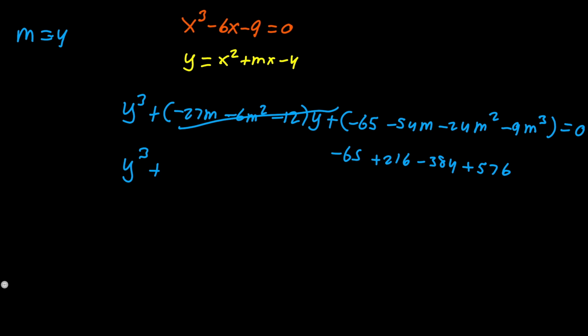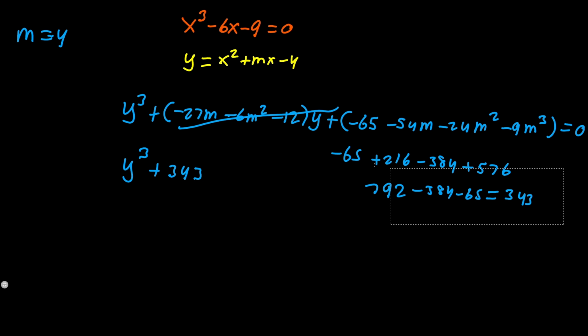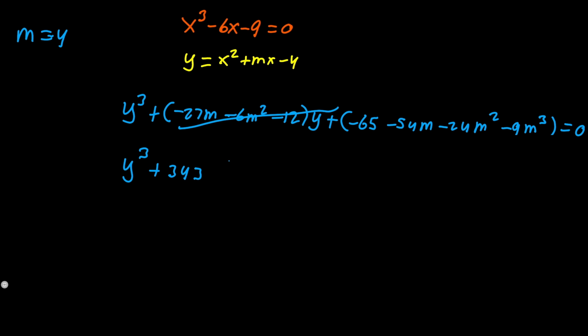So it is 576 plus 216, that is 792, minus 65 and minus 384. That is 384 minus 65, and that gives 343. So we have y cubed plus 343.